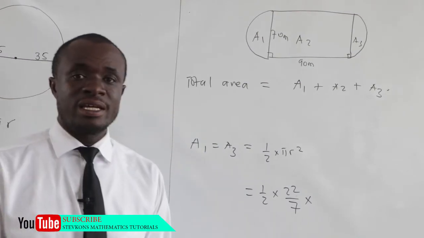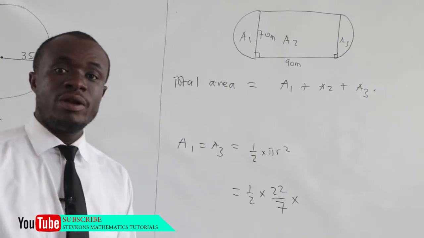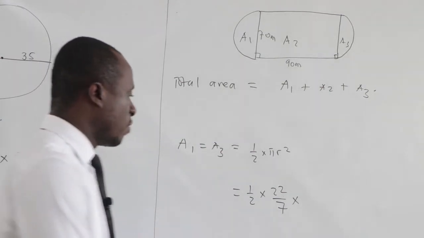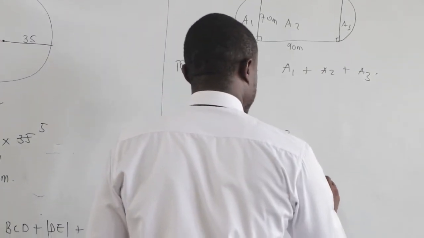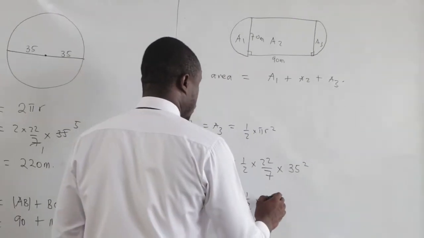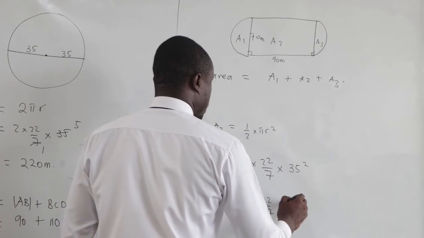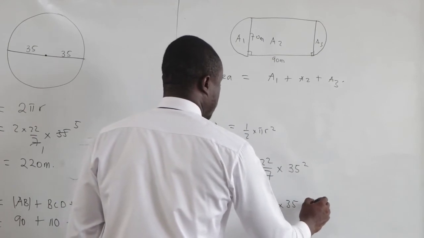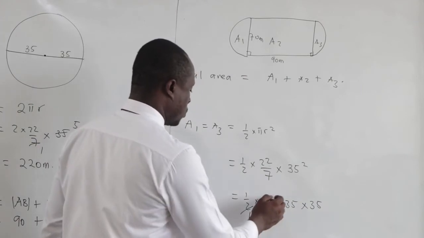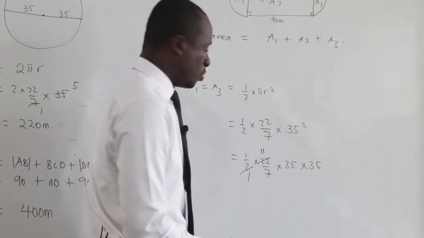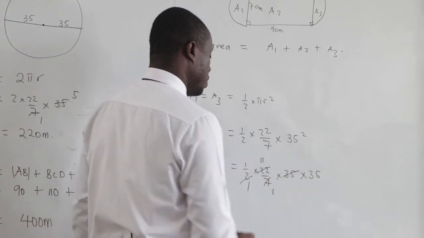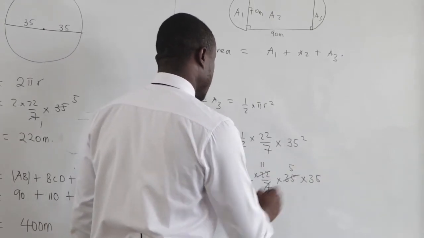Now, what is the radius? Clearly, our diameter is 70, so our radius is diameter divided by 2. So 70 divided by 2 gives us 35. So we have half times 22/7 times 35 times 35. 2 goes into itself once, 2 will go here, 11. 7 goes into itself once, and 7 goes into 35 five times.